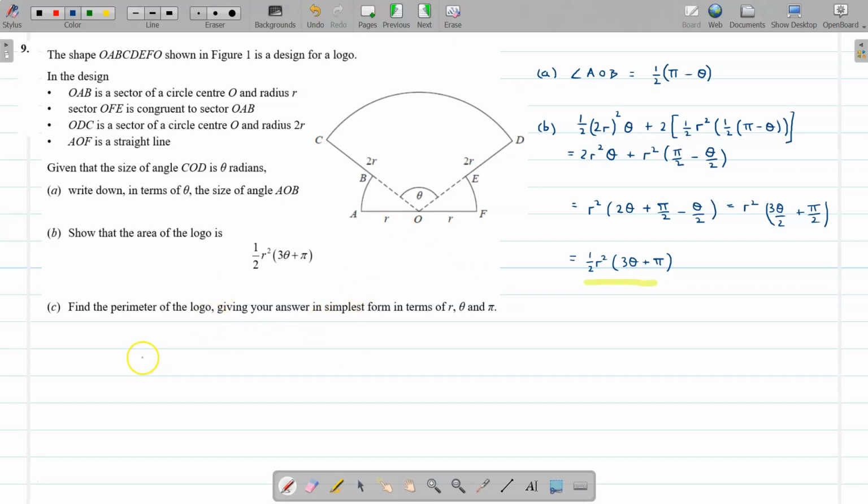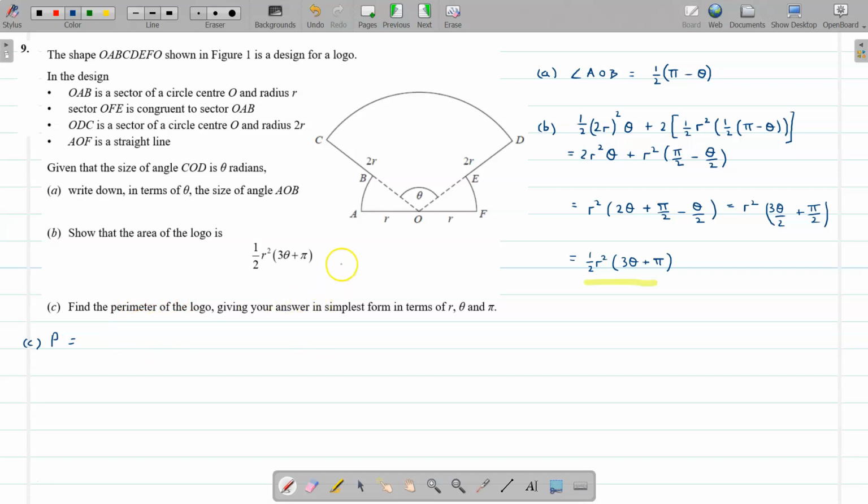So I've just gone around the shape and carefully worked out each arc and the straight lines and put it all together. So the perimeter is equal to the 4 straight lines, which are 2r plus r plus r.